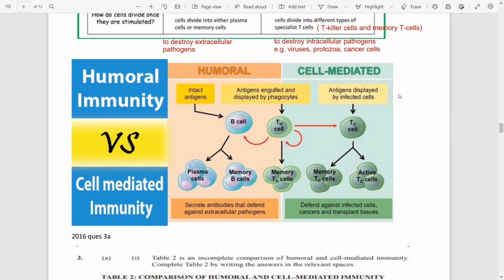So then, what if the pathogen is intracellular? You would need to have the antigen displayed to the helper T cell by one of the antigen presenting cells. Maybe it's a macrophage, maybe it's a B cell, or the infected cell would have made some receptors or some proteins to indicate to the helper cell that it has become infected.